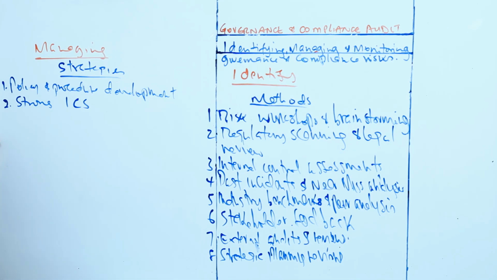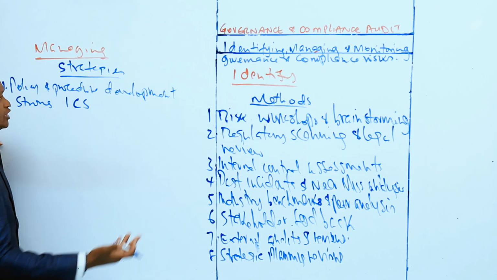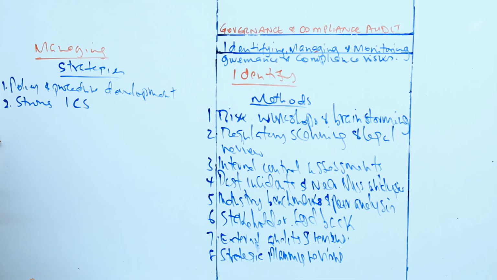You may have preventive controls such as segregation of duties, authorization limits, mandatory training, and physical security. You could also have detective controls such as regular reconciliations, internal audits, management reviews, data analytics for anomalies, and so on. So the company can have a strong internal control system in place that can manage governance and compliance risks.